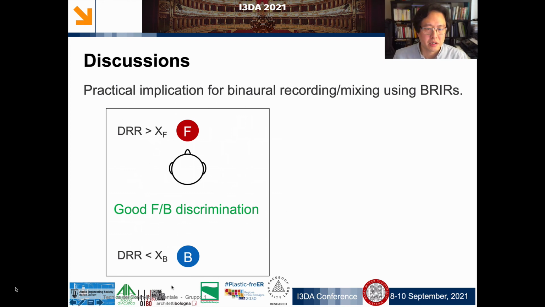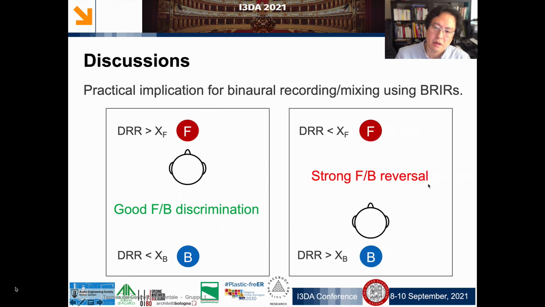In this kind of scenario, we can expect a very good front and back discrimination if the front source is close enough to the listener. In other words, DRR is above the XF. And the back source needs to be far enough from the listener in order to avoid back to front confusion. So in this kind of scenario, we can have pretty good front and back discrimination, hopefully.